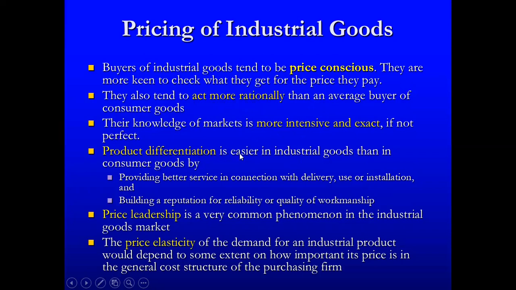Product differentiation is easier in industrial goods than in consumer goods, by providing better service and building a reputation for reliability or quality of workmanship. Price leadership is a very common phenomenon in the industrial goods market, and the price elasticity of demand for an industrial product would depend to some extent on how important its price is in the general cost structure of the purchasing firm.